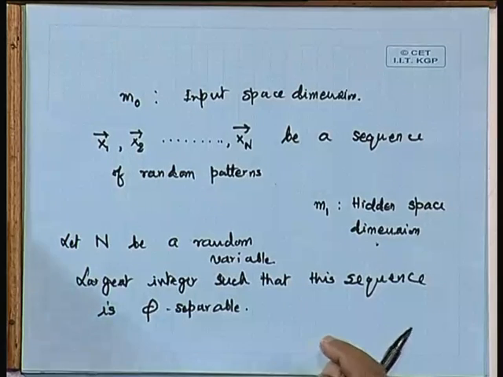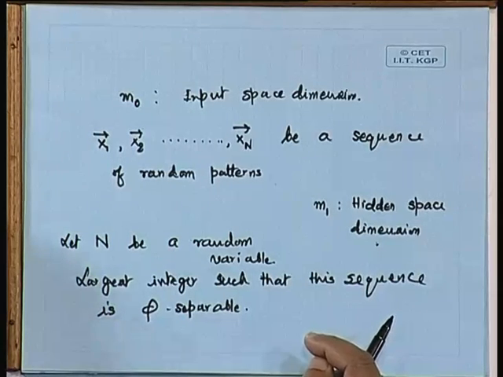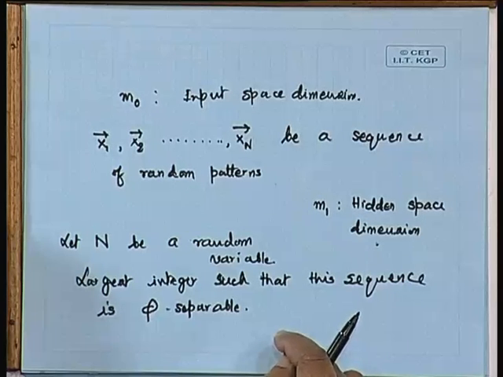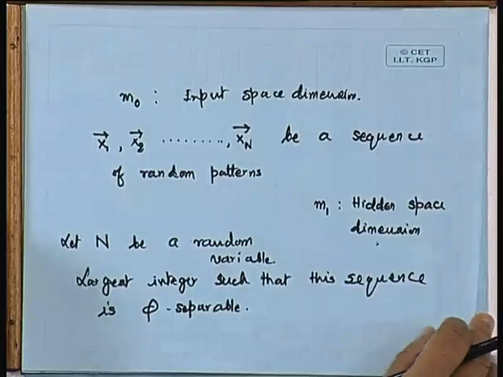Okay. So, how are we going to formulate the problem? We are going to take the probability that this capital N is equal to n.